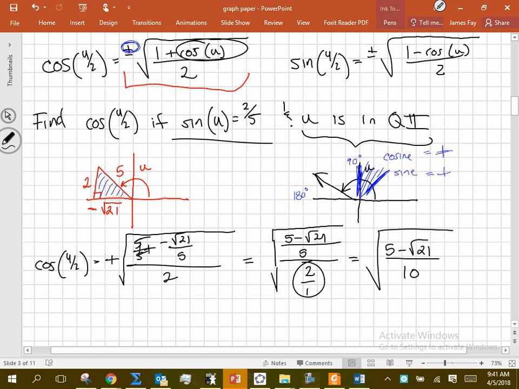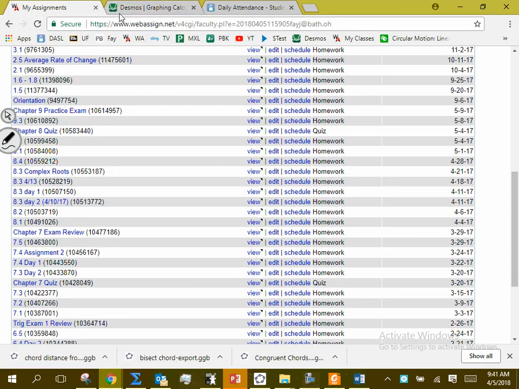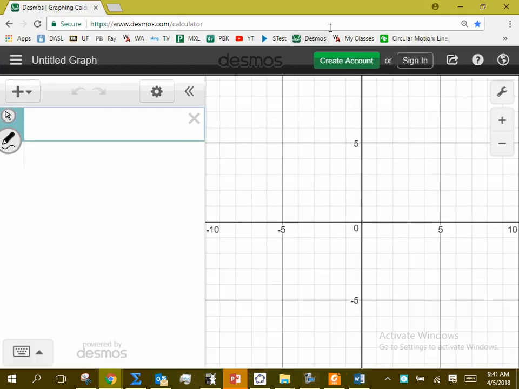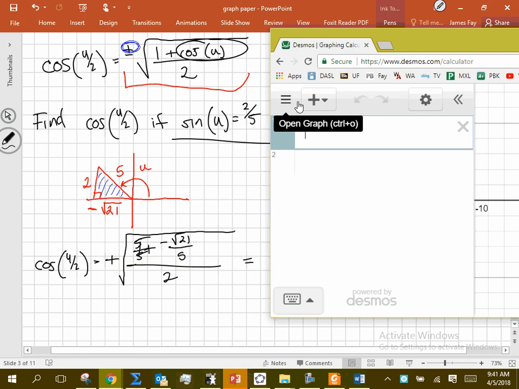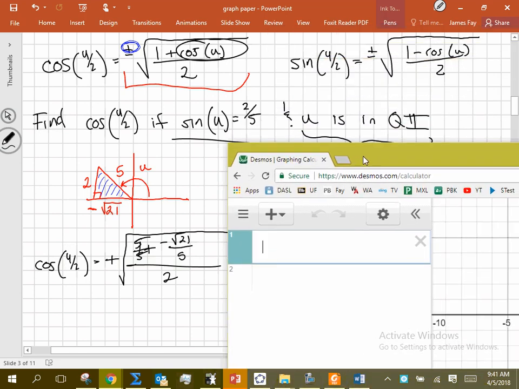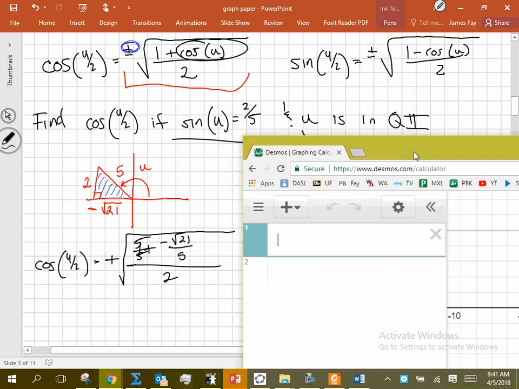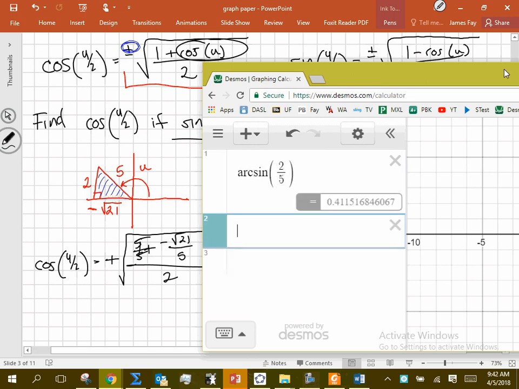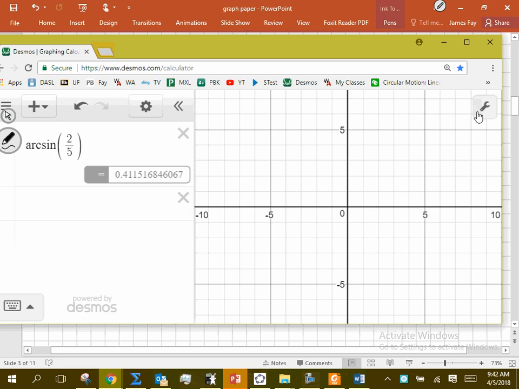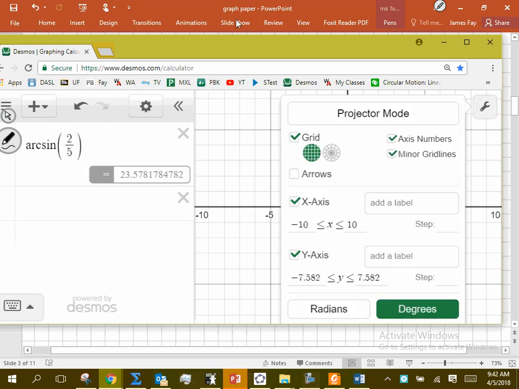Now, how can we check ourselves? And we've done this a little bit in other areas. I'm going to bring up Desmos here. We know that they gave us the sine of u is 2/5, right? So doesn't the arc sine of 2/5 tell me what that angle is? And right now it's in radians, but let's put it in degrees.